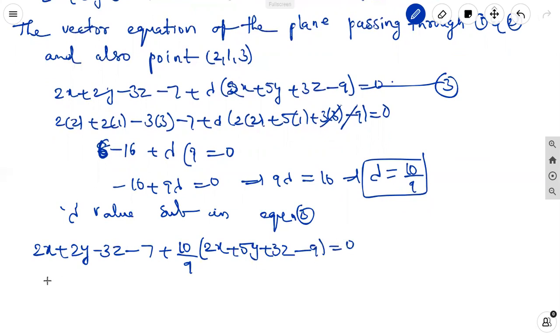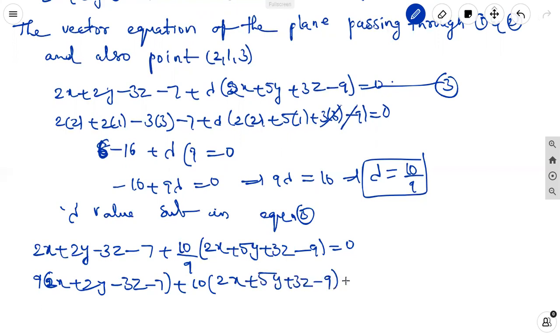By the cross multiplication, 9 into (2x plus 2y minus 3z minus 7) plus 10 into (2x plus 5y plus 3z minus 9) equal to 0.